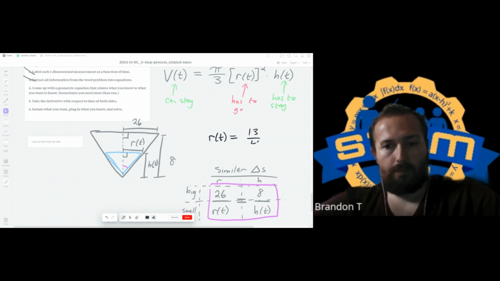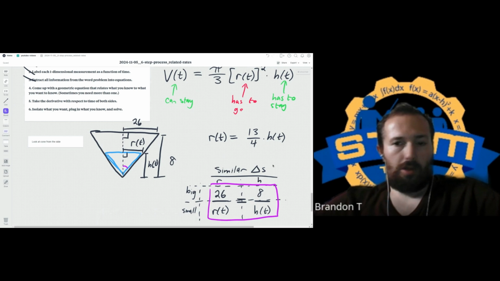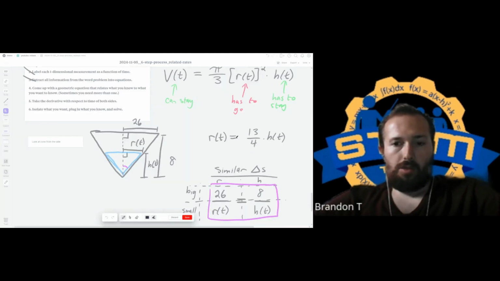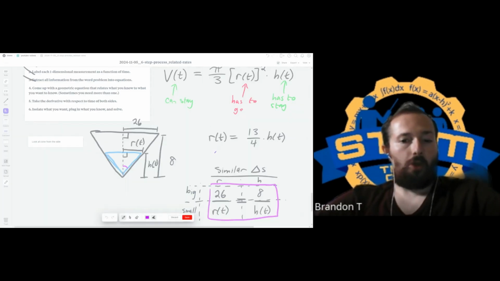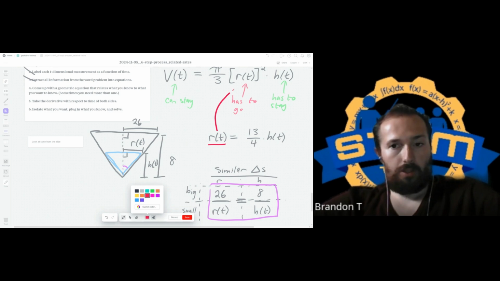So 13 over 4 times H of T. I'm just solving this proportionality algebraically: cross multiply, divide by 8. So there we go. We came up with an equation for R of T as a function of H of T. Mission accomplished.